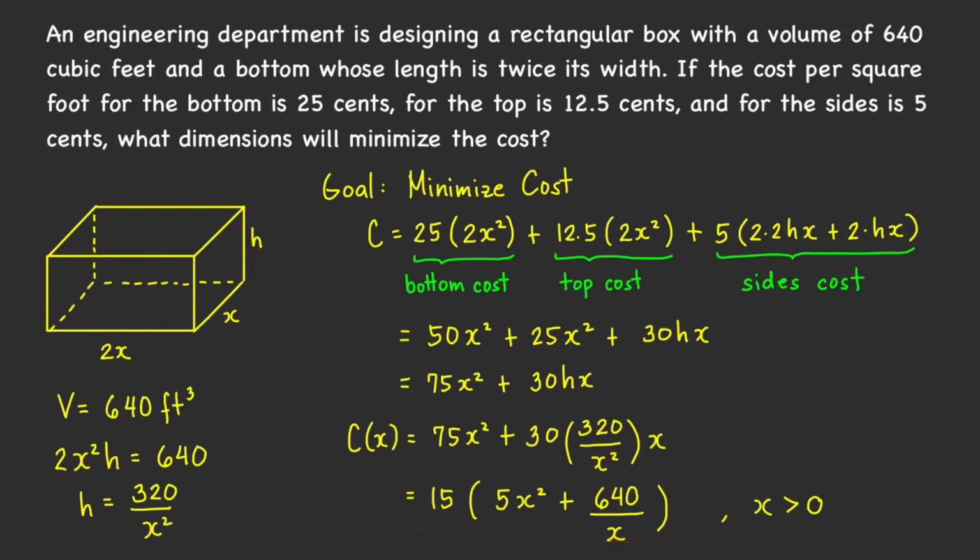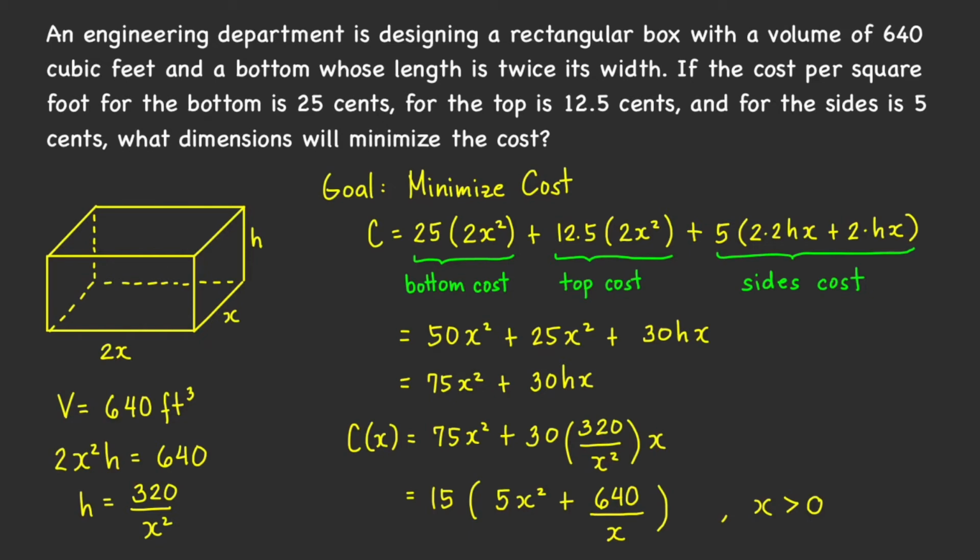I factored out the common factor 15 so that we can easily differentiate this later. And what is our domain here for the variable x? Since the volume must be equal to 640, x cannot be equal to 0 in this case, because if x is equal to 0, the volume will be equal to 0. So our domain is x greater than 0.